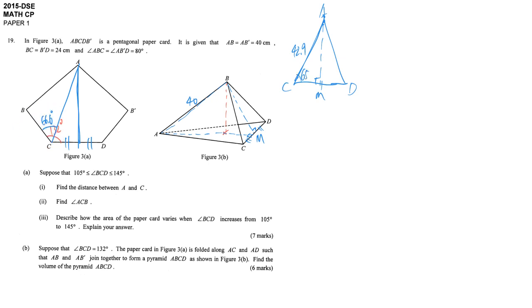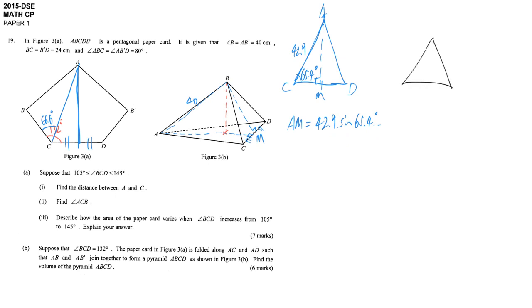We get 65.4 degrees. To find AM, we simply use the sine ratio. AM is equal to the hypotenuse times sine 65.4 degrees. Of course, you should use the true value stored in your calculator. We get AM, then we can get BM.